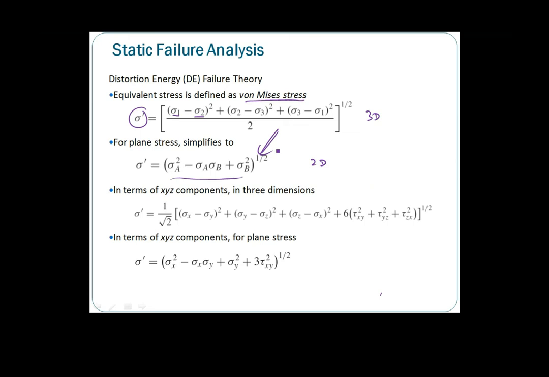These principal stresses have to be transformed from your XYZ component stresses, your state of stress. If you have sigma X, sigma Y, sigma Z, tau XY, tau YZ, tau ZX that you have previously, then originally we have these XYZ stress components. Then we find our sigma 1, sigma 2, sigma 3 using stress transformation techniques.